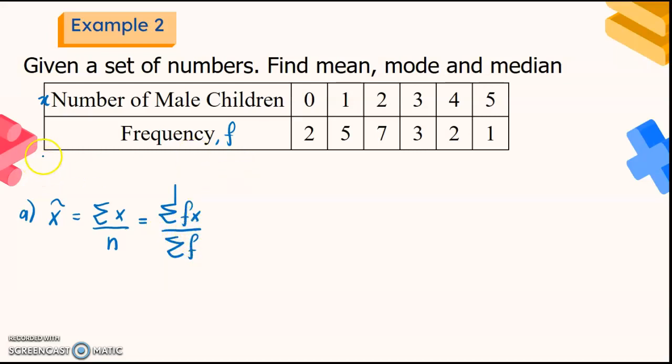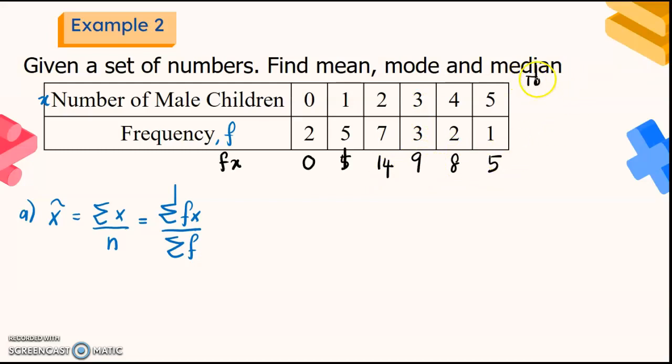So we are going to add one row. Here we are going to find fx. fx means f multiplied by x. So here we have 0 multiplied by 2, 0. 1 multiplied by 5, 5. 14, 9, 8, and 5.